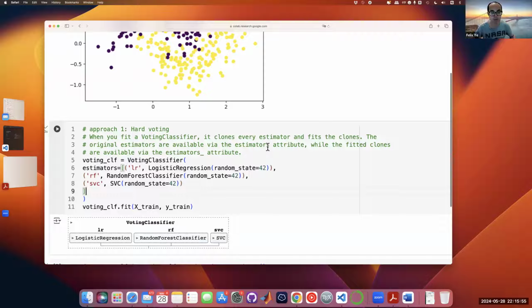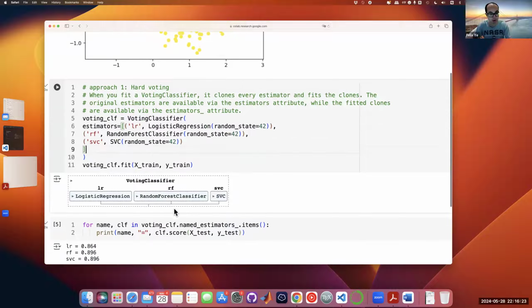What this voting classifier does is clone each estimator and fit the clones. The original estimators will also be available through this attribute if you want, and you can find out all this information for each base learner. So you create this voting classifier, then you fit X train and y train.